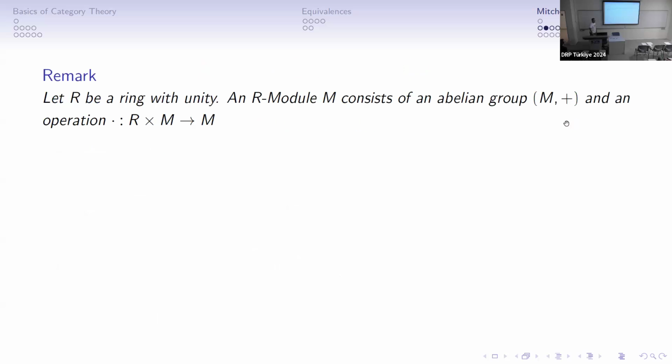I know that most of you know R-modules, but I'm going to give the basic definition of it. We say M is an R-module if it's an abelian group and it has a scalar multiplication by R from the left, and it has some additional properties.